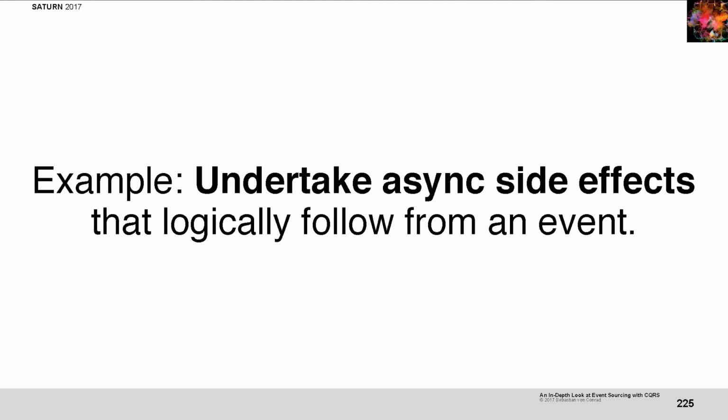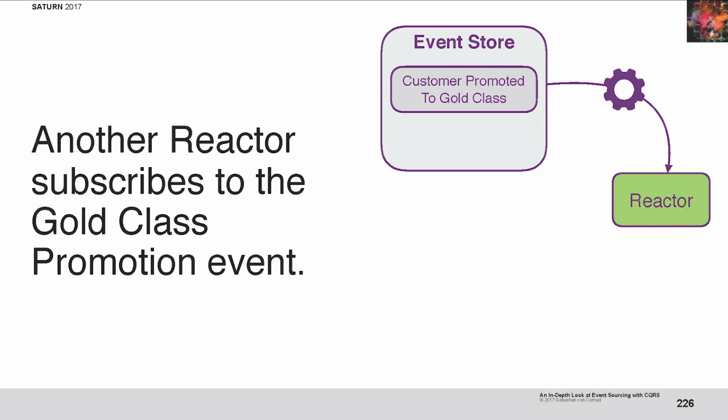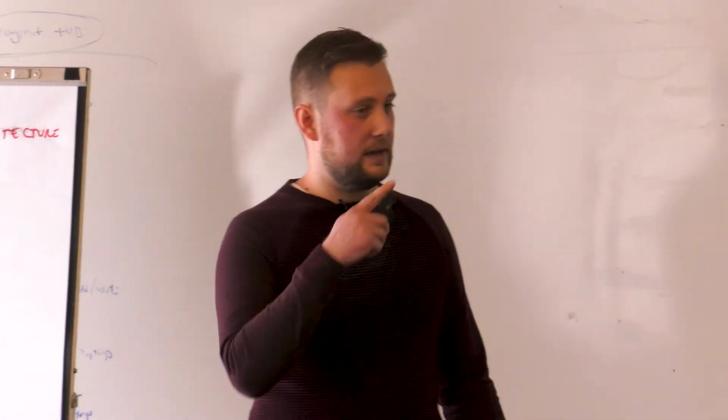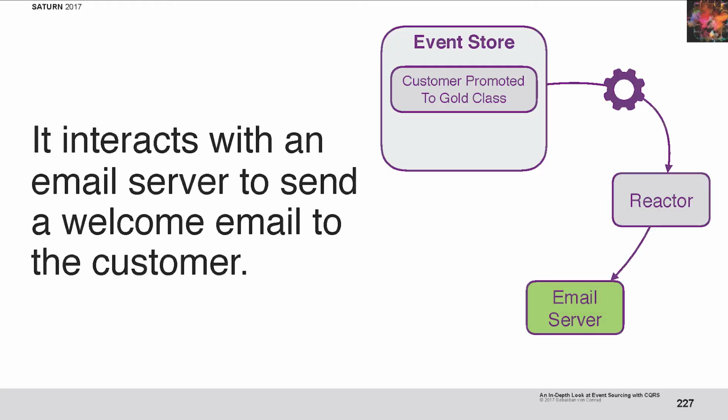Let's give another example of how a reactor can also undertake asynchronous side effects that logically follow from an event. We might have another reactor, completely separate from the one we just described, that subscribes to the customer promoted to gold class event. This is the welcome email reactor.